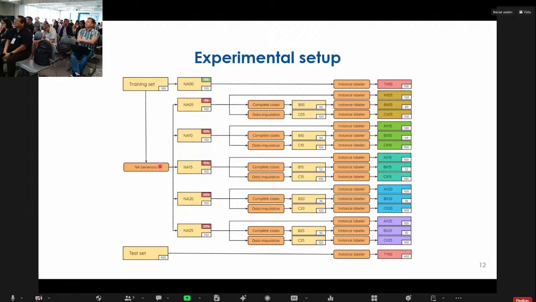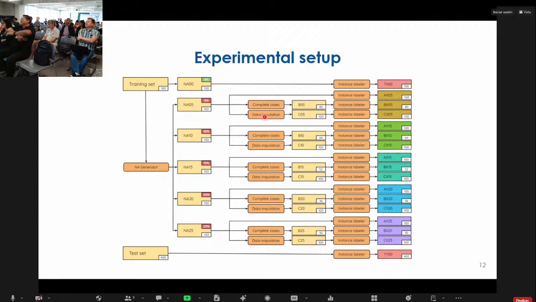Here, the NA generator will be divided into five other sets, each with 100% of instances, and the red box determines the percentage of missing values, 5% to 25%.